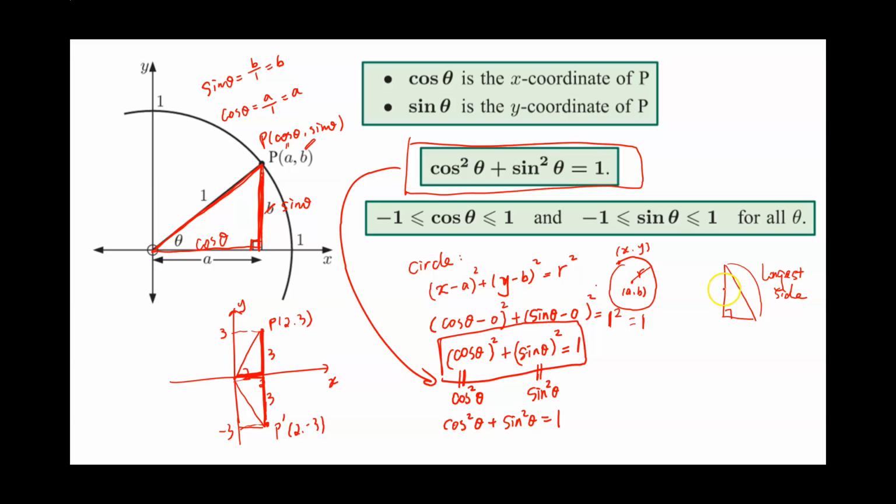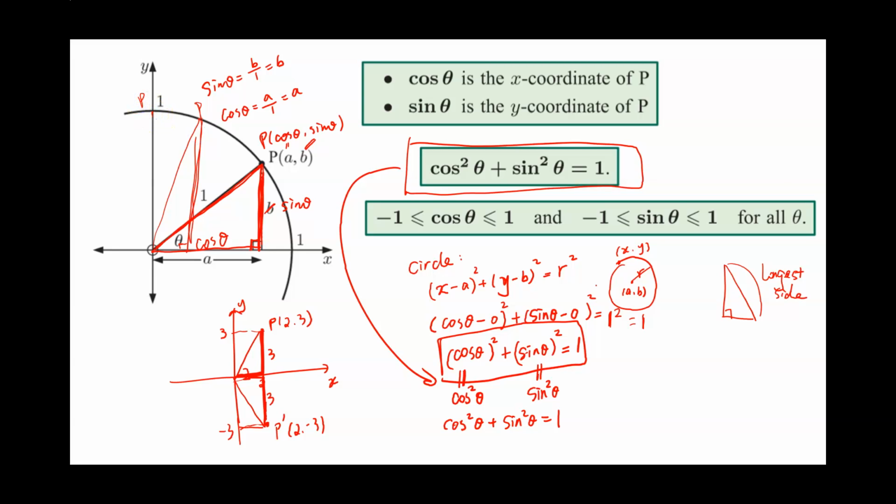So this side and that side can't be longer than the hypotenuse. If you think about it, P is moving. It could be here, and there's a right angle triangle here. What is the maximum of this side? That would be when P is here.